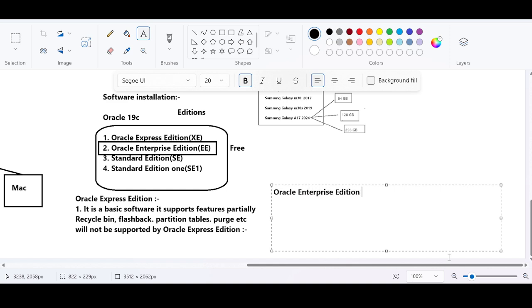Enterprise Edition is a complete and full-fledged edition. It is going to support all the features of Oracle Database.